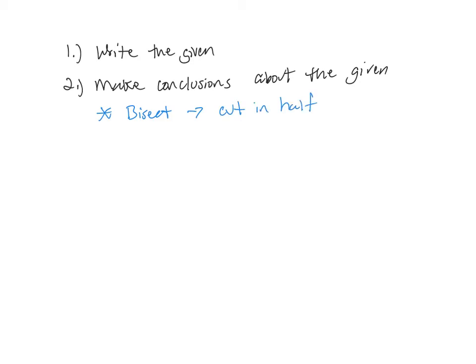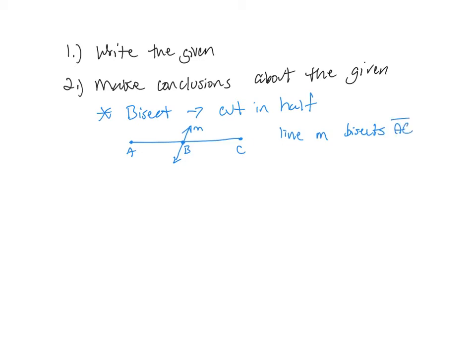Okay, so let's just say that we had ABC like that, and it said that, let's just say this is like line M bisects AC.